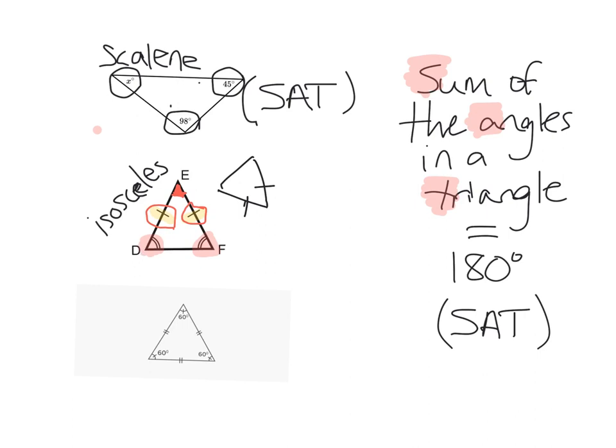If I have little hatch marks on any polygon, if those hatch marks look the same, that tells you that in the case of side lengths, these hatch marks here tell you that those two side lengths are equal.